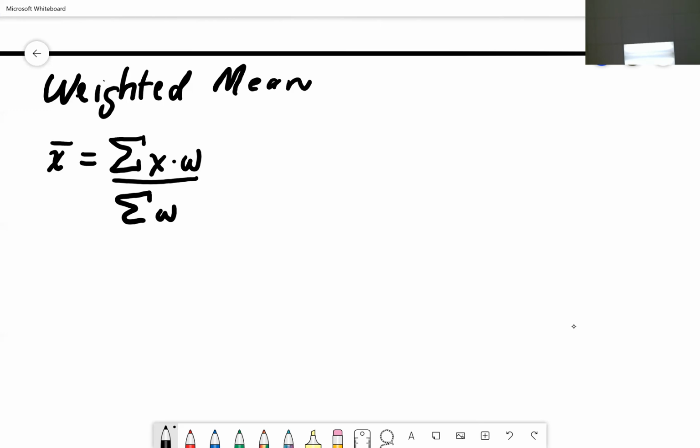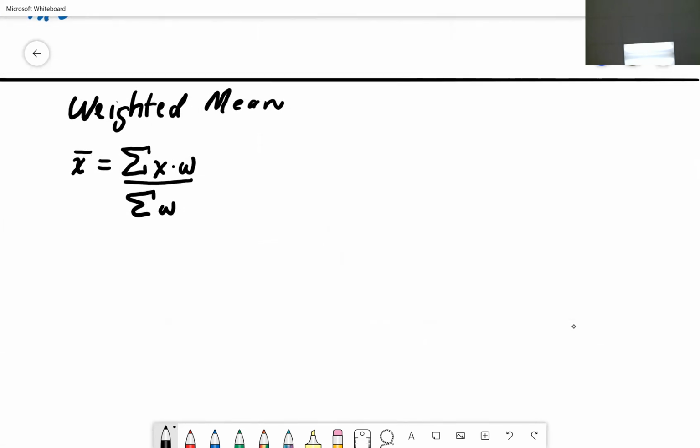I want to go ahead and do an example from the book. This is question number 41, page 77. So I'll go ahead and write here, page 77, number 41.